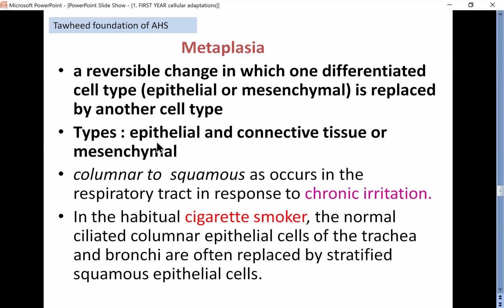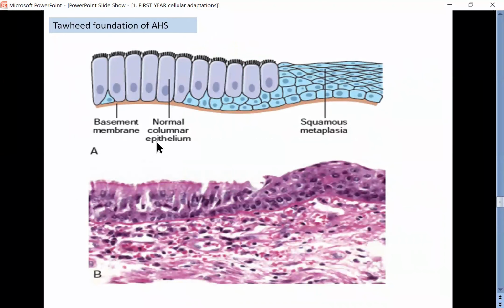Epithelial metaplasia is classified into two types. One is squamous metaplasia, another is columnar metaplasia. Let's see squamous metaplasia first. It is usually seen in cigarette smokers.